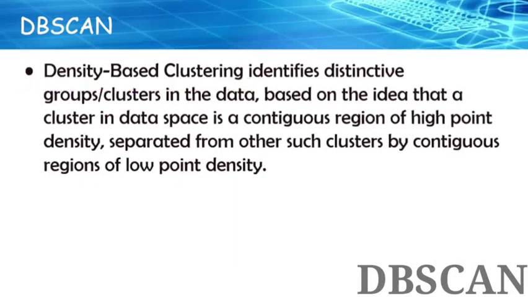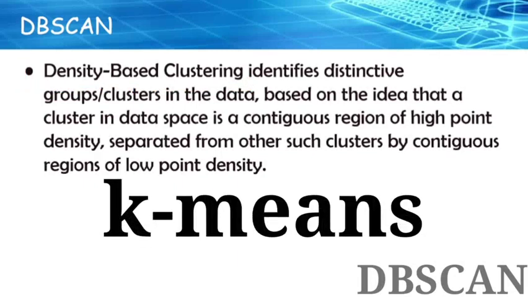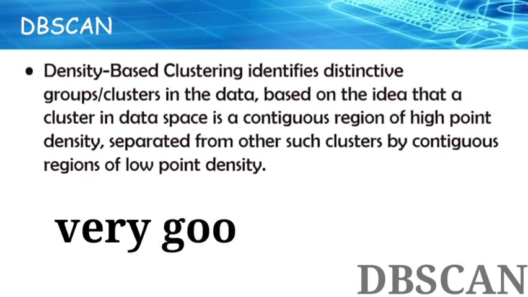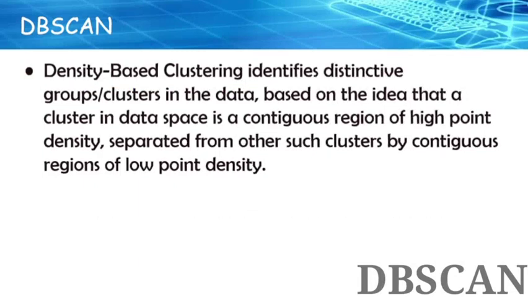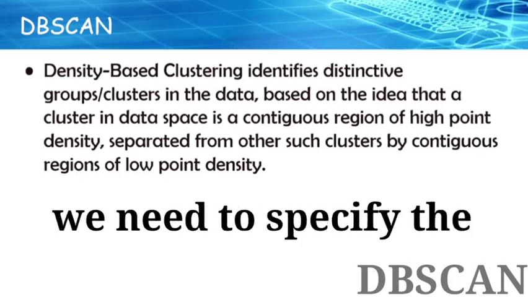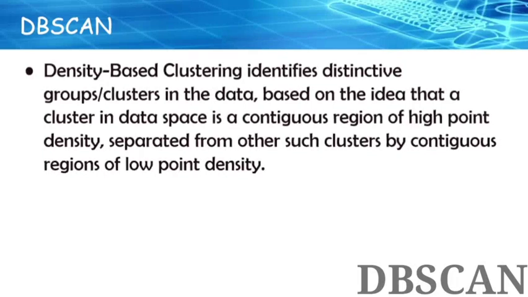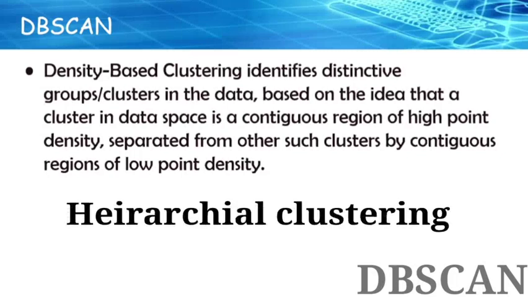Else you can stick with k-means if it is giving the required or a very good accuracy. Another challenge with k-means is that we need to specify the number of clusters in order to use it. Here we don't need to specify any number of clusters, just like how we saw with hierarchical clustering.